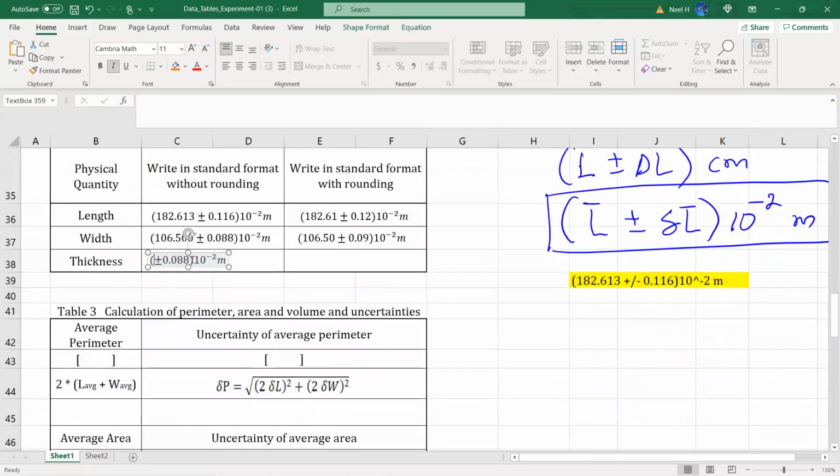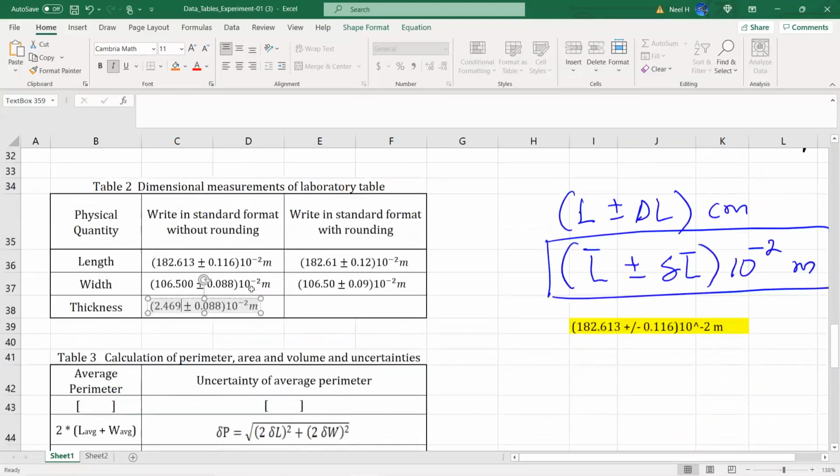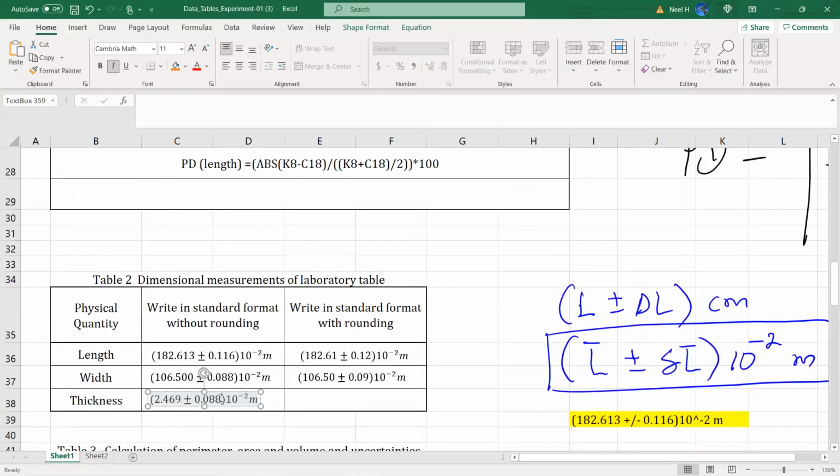Delete this one. 2.469 plus or minus. The error we got is 0.061. And then we'll make a copy of that, and then edit it here, rounding. Make sure this should round into 4.5, and then the 1 should disappear. Now it looks good. That is actually how we represent the data at the end, okay?